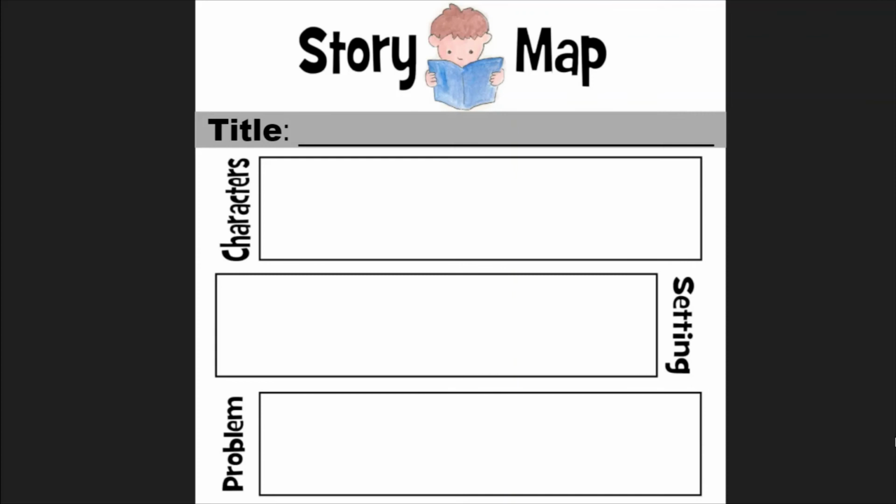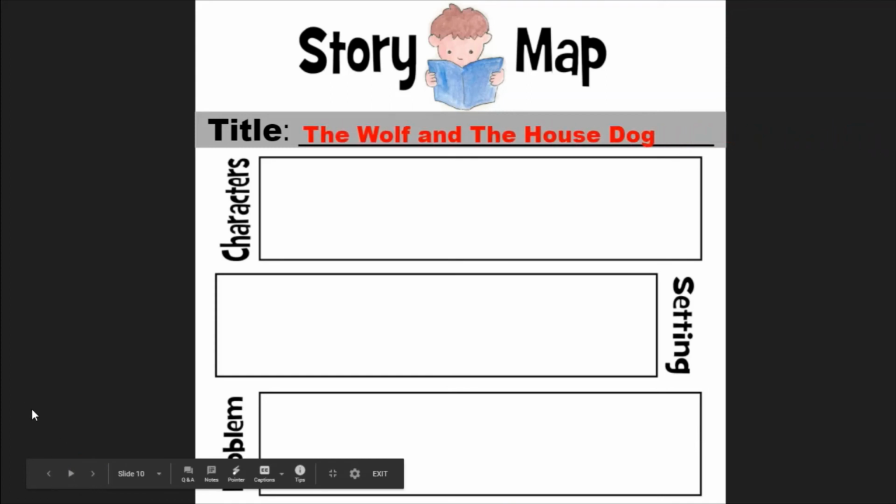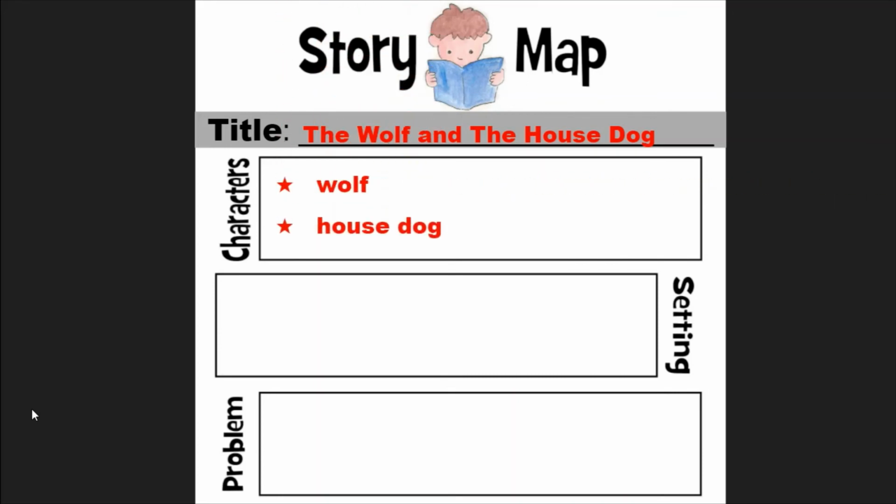First things first, we need to write the title of our story. Very important. Next, remember that we were talking about the characters, and who are the characters in the story? Yep, the wolf and the house dog. Very good. The next thing that we need to always identify is the setting. Remember that the setting affects the problem.